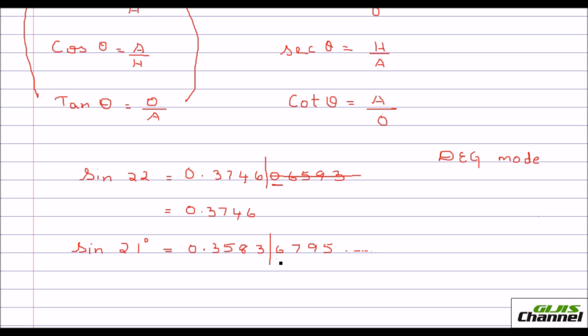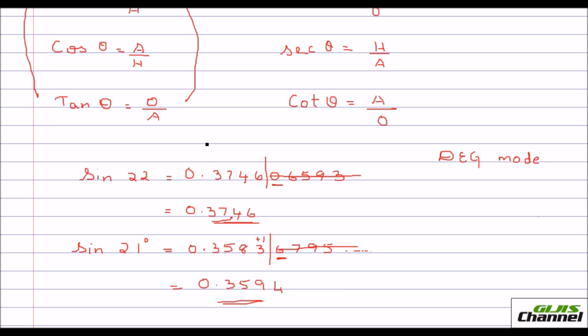Now look at the next number this time. It is 6. When this number is 5 or more, add 1 to the previous number and leave the remaining numbers. So your answer would be 0.3584, since 3 plus 1 is 4. This is how you round the numbers to 4 decimal places. Is that clear? This is what we are going to do in the problems also.